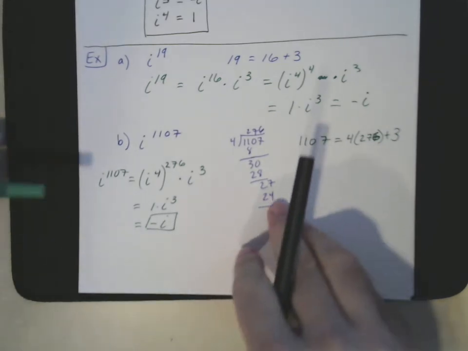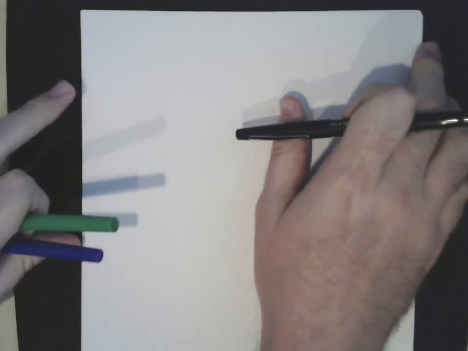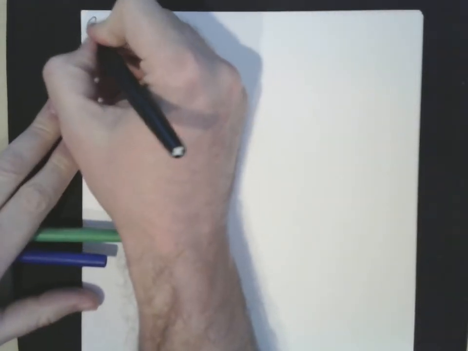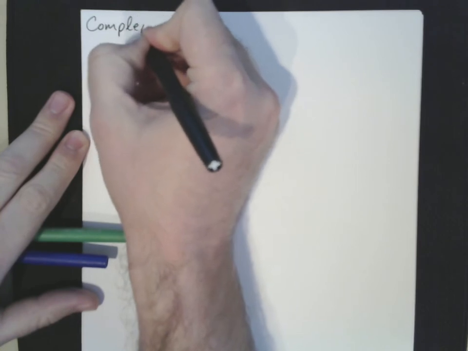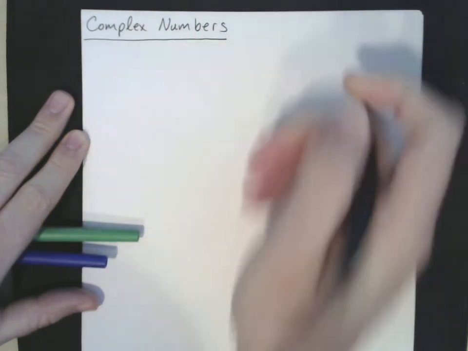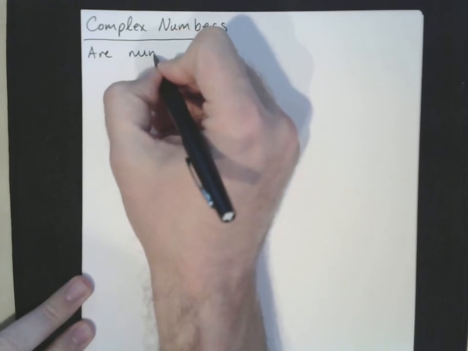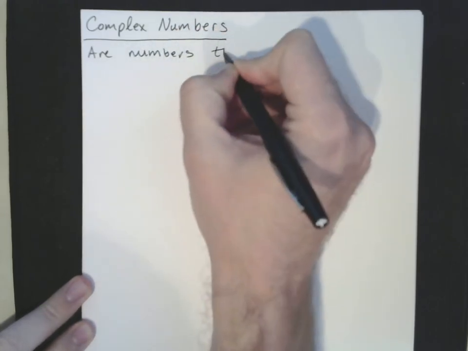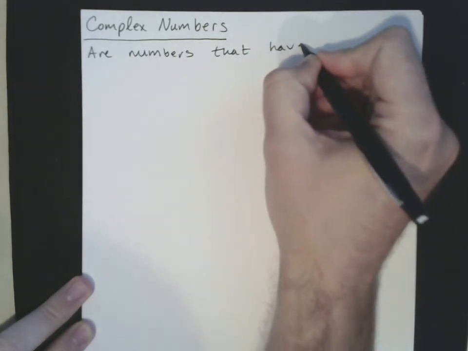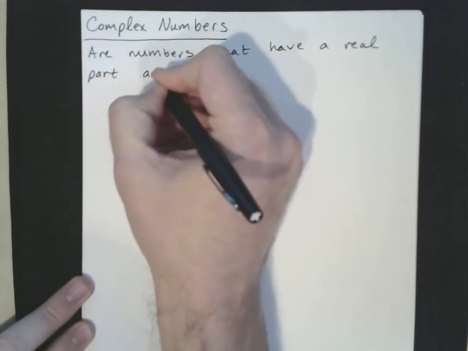So let's go ahead and take a look at some complex numbers here. Complex numbers are numbers that have a real part and an imaginary part.